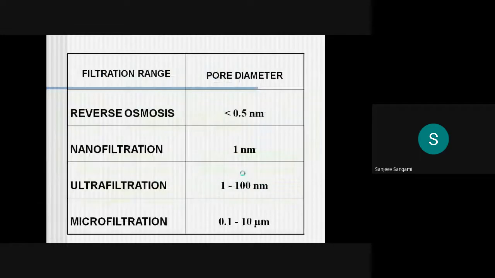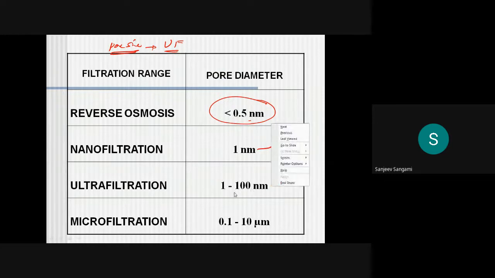So if you see the pore diameter, as I already said, pore size is very important as far as ultrafiltration is concerned. For reverse osmosis, it is 0.05 nanometers, and nanofiltration is 1 nanometer. Ultrafiltration is 1 to 100 nanometers.